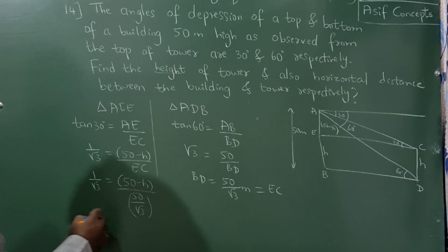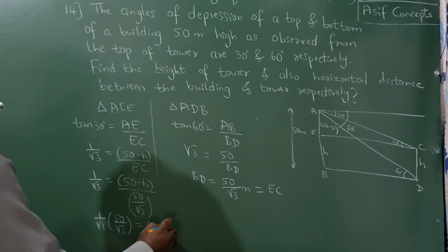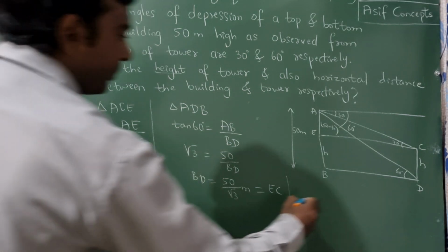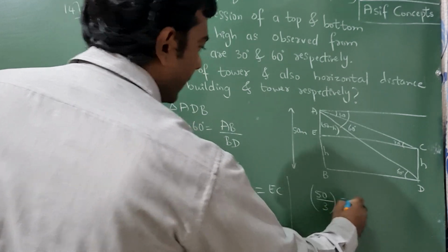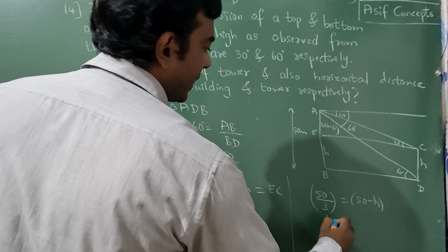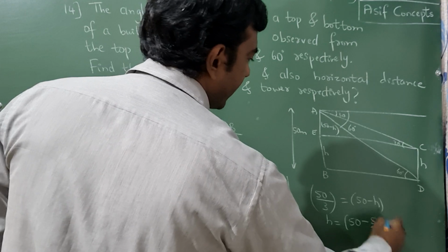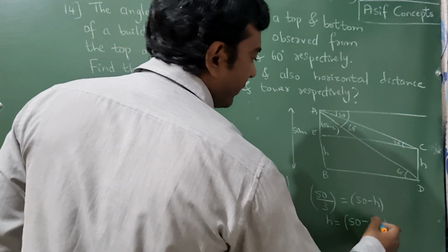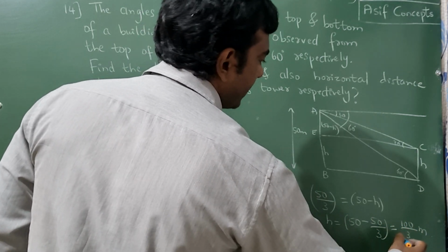If I multiply this, 1 by root 3 times root 3 by 50... 50 ones are 50, root 3 into root 3 is 3, equal to 50 minus H. Now minus H comes to the left-hand side and becomes positive, and 50 minus this becomes 50 divided by 3. 5 threes are 15, so it will be 150 minus 50. So the answer is 100 by 3 meters.